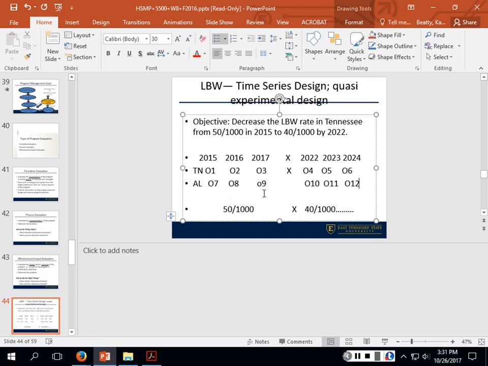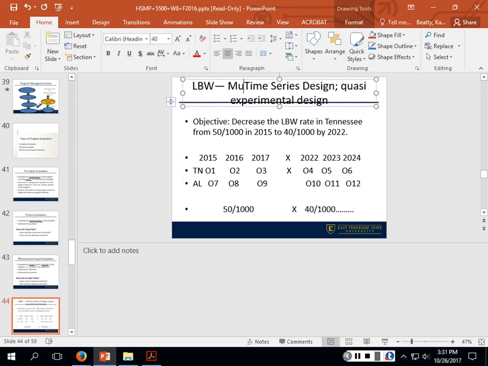So this design that combines a time series or multiple observations with a comparison group is called the multiple time series design. Okay. It's also a quasi-experimental design, but this one is stronger than the non-equivalent comparison group and the time series. Why?